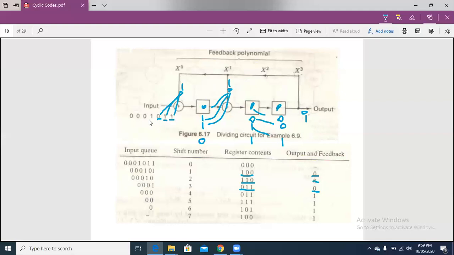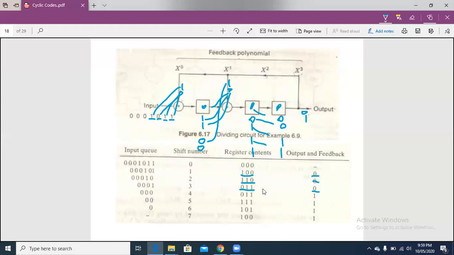And now this one with this one will give us 0 here, and this one with this 0 will give us one here, and this one will move here.